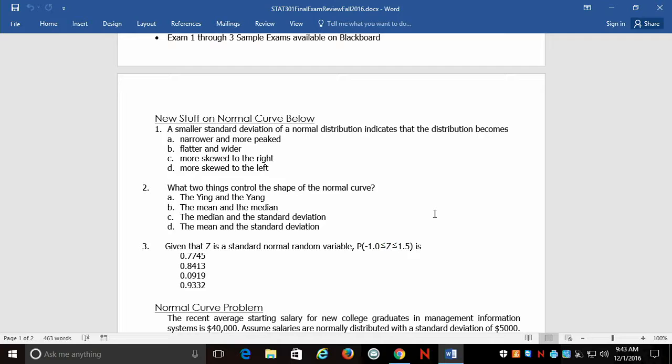Negative 1.0 is 0.1587. That's this part. So this is more than we want. We want to cut off this part. Mathematical operation for cutoff is subtract. So I think we get 0.7745, which is letter A.